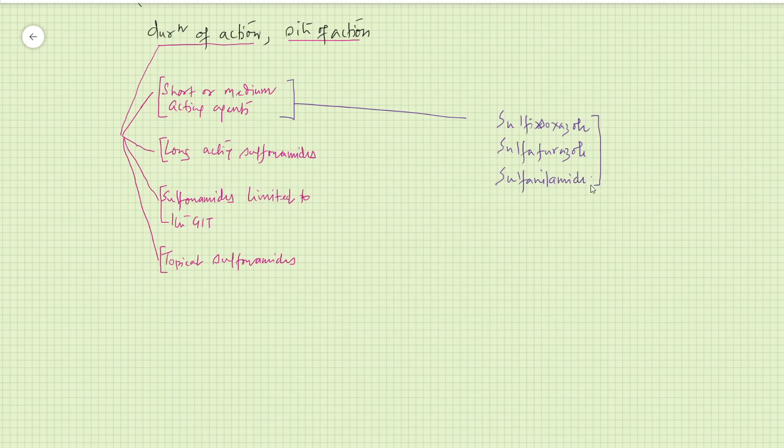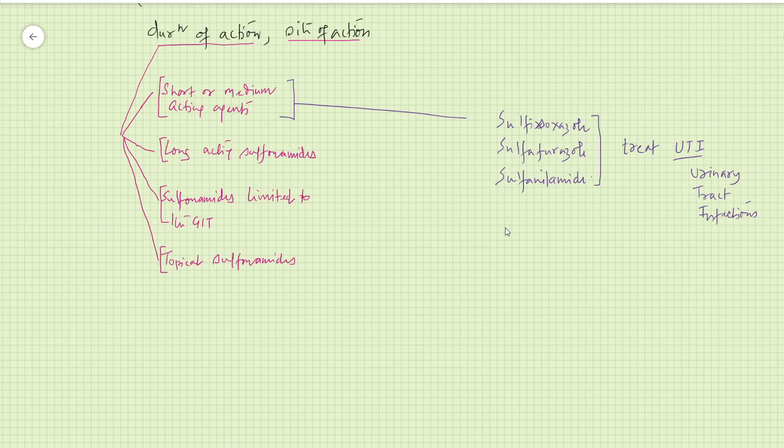These drugs are used to treat urinary tract infections. Currently they are used to treat urinary tract infections.